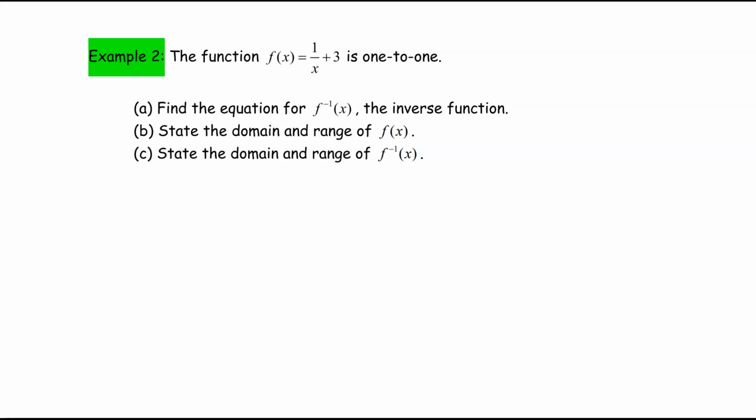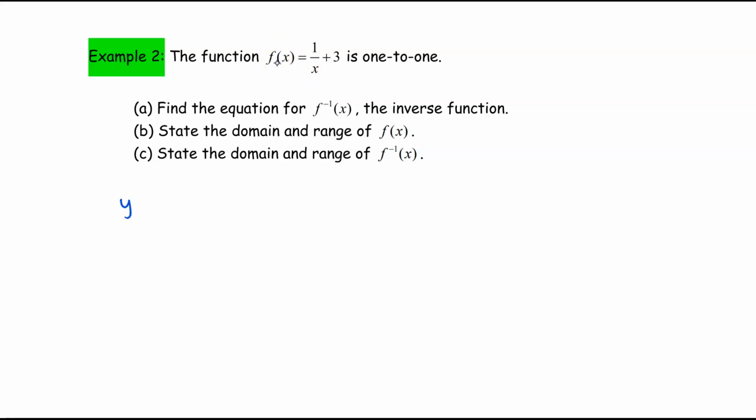Example number 2. We are given a one-to-one function. Our task is to find the inverse of the function, and then we state the domain and range for both f and f inverse. So to find the equation for the inverse function, we first replace f of x here by y.